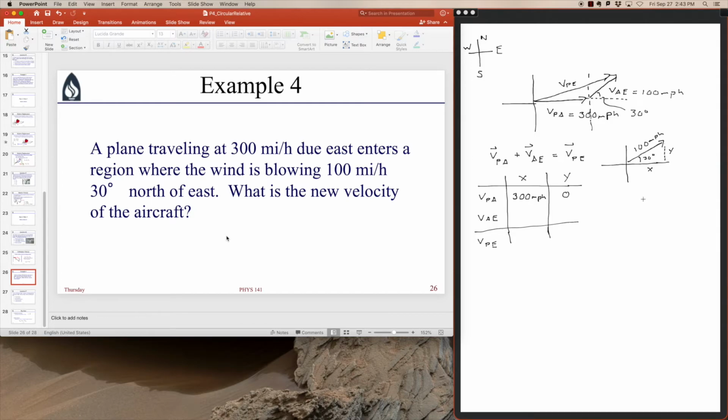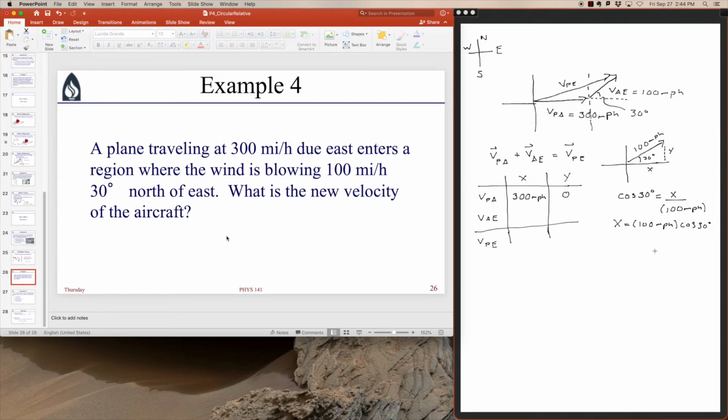So then, if I take a look at the cosine of my 30-degree angle, the cosine of 30 degrees is adjacent x over the hypotenuse, which is 100 miles per hour. So the x component is going to be 100 miles per hour times the cosine of 30 degrees.